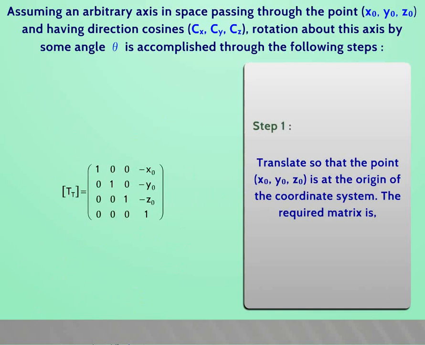Translate so that the point x0, y0, z0 is at the origin of the coordinate system. The required matrix is Tt equal to matrix 1 0 0 minus x0, 0 1 0 minus y0, 0 0 1 minus z0, 0 0 0 1.